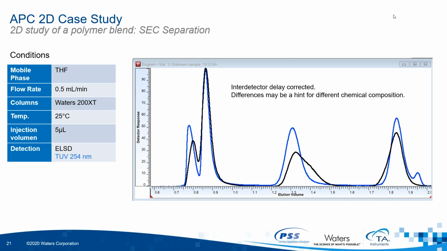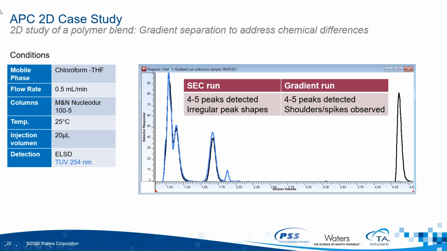In the case at hand, the main peaks are well baseline separated, but there are also smaller spikes and peaks appearing. But you only see a few peaks. The next step is the gradient separation from chloroform to THF.